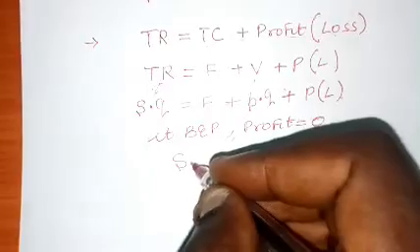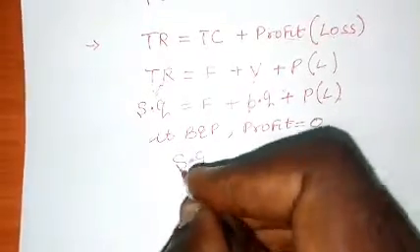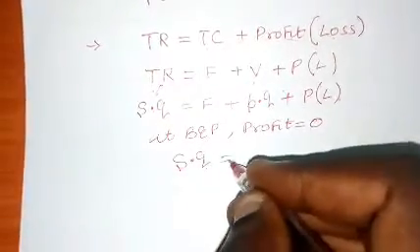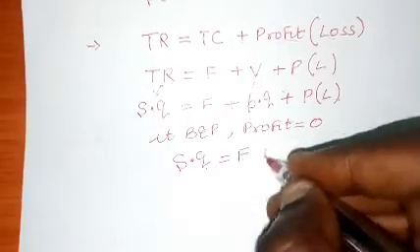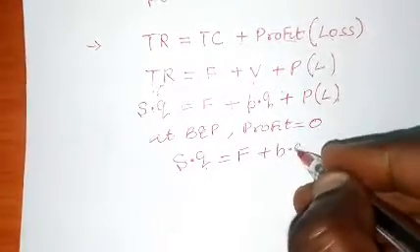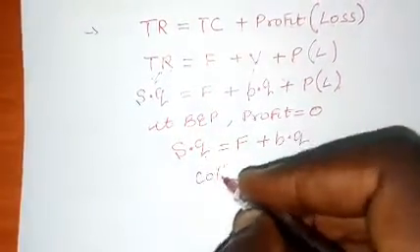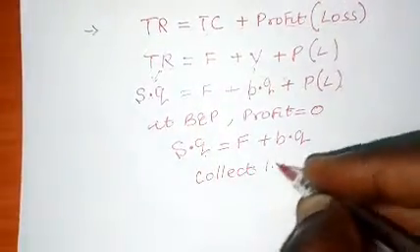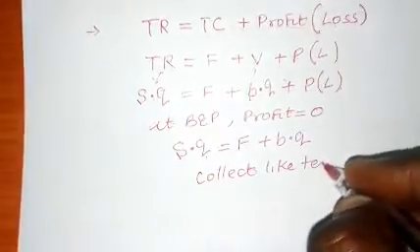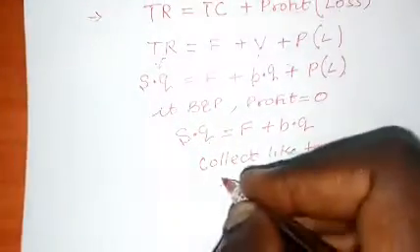We have selling price per unit S dot Q equals fixed cost plus BQ. Now when you collect like terms, what do you have?